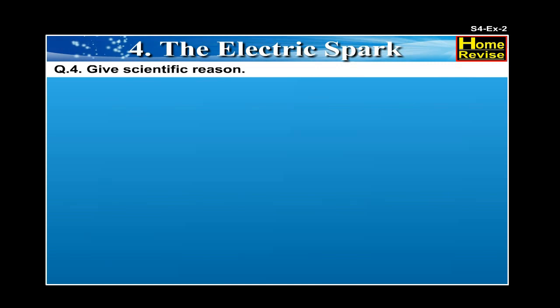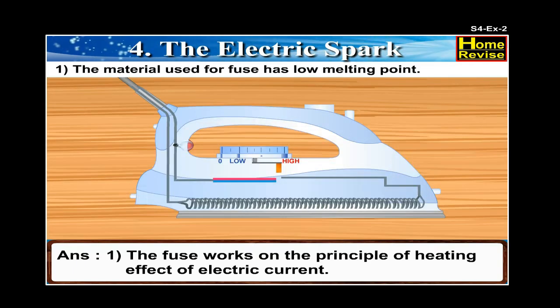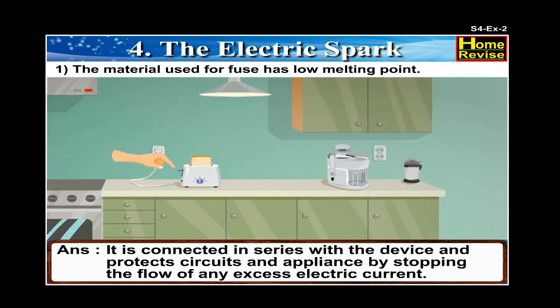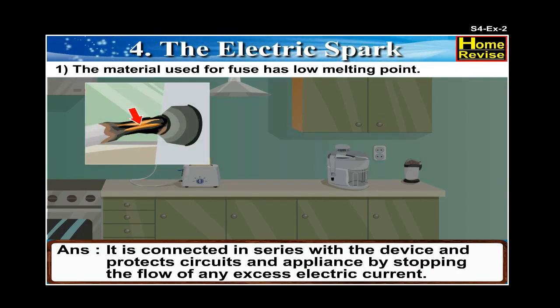Question 4. Give scientific reasons. First, the material used for fuse has low melting point. Answer. First, the fuse works on the principle of heating effect of electric current. It is connected in series with the device and protects circuits and appliances by stopping the flow of any excess electric current.